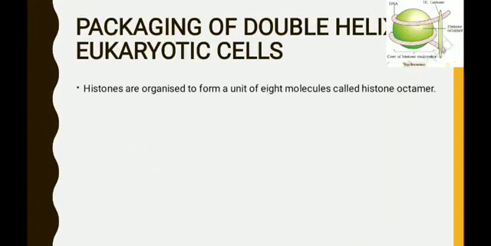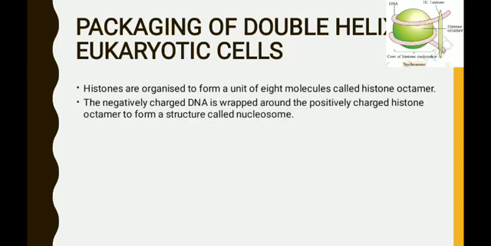And again the diagram. Here the histones are organized to form a unit of 8 molecules called an octamer. Just observe the diagram, the labeling histone octamer, a large ball-like structure that is actually made up of 8 molecules of histones. 8 histone proteins collectively form an octamer. Octa means 8 histone proteins.